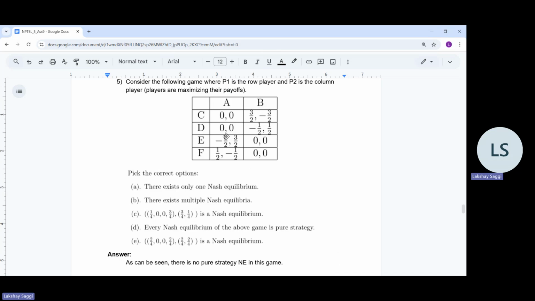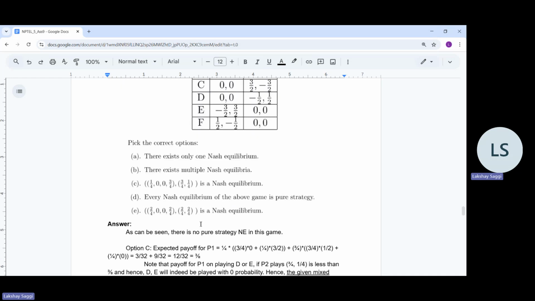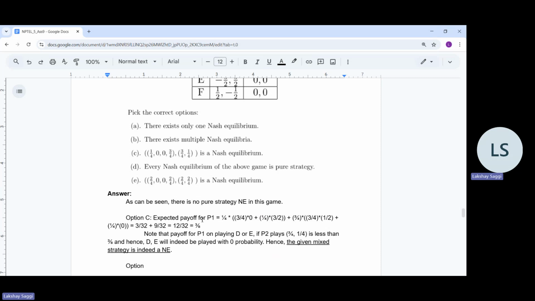If one actually had to find the Nash equilibrium, you would have to check all 2 cross 2 possible matrices manually. In how many ways can we choose 2 rows out of these? There will be 4 choose 2, which is 6 ways. I did not want to go into those 6 ways and check each of them. I just took these options and checked whether they form a Nash equilibrium or not.